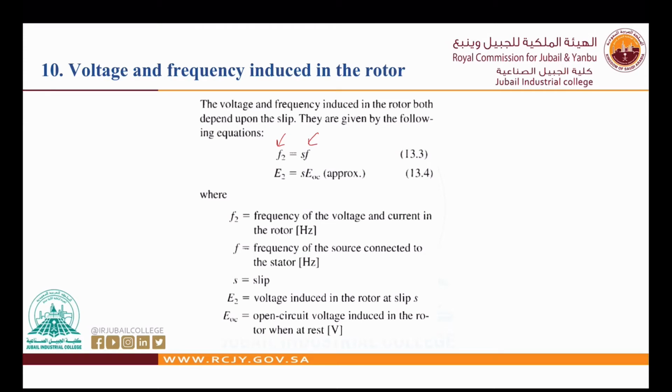It depends on the slip, of course, because the slip is the difference between the stator speed and the rotor speed, right? So we will have a drop in frequency and a drop in voltage. F2 is the frequency of the voltage and the current in the rotor, and F is the frequency of the source connected to the stator. This is the slip, the difference between them.